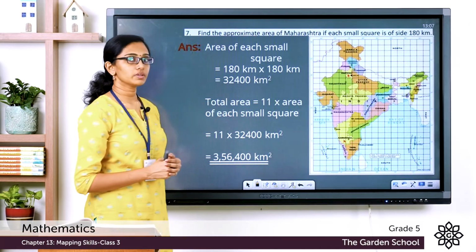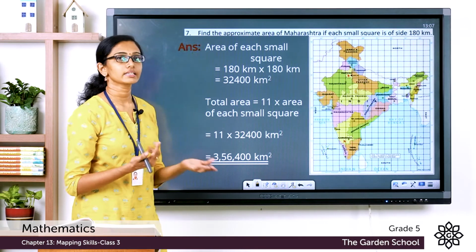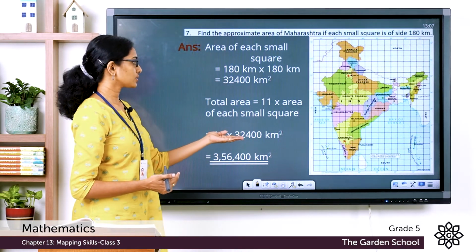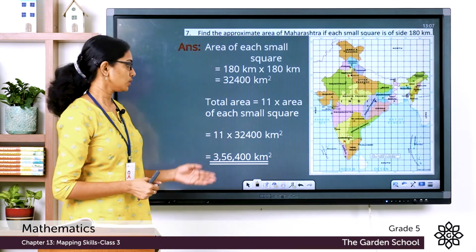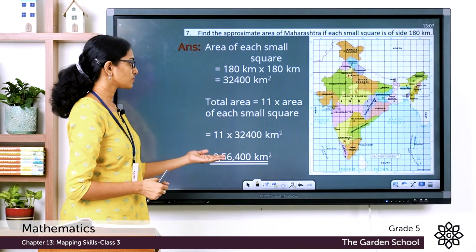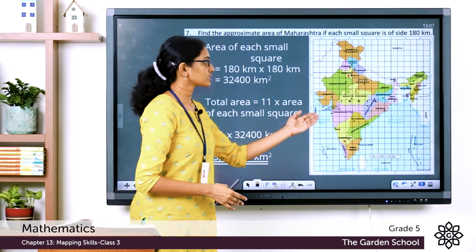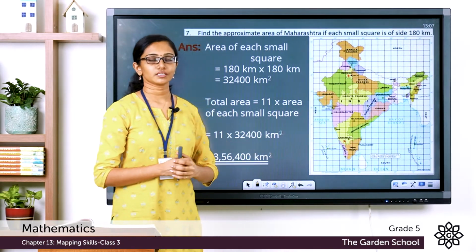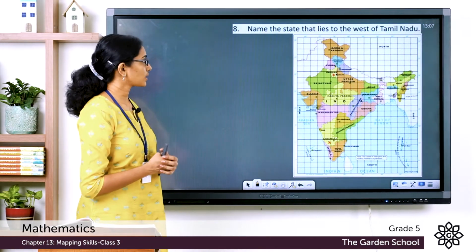Now, the total area will be 11 squares into the area of each small square, that is 11 into 32,400 square kilometers, and that is equal to 3,56,400 square kilometers. That is the approximate area that the state of Maharashtra covers. Hope this is clear to you. Now, let's see the next question.